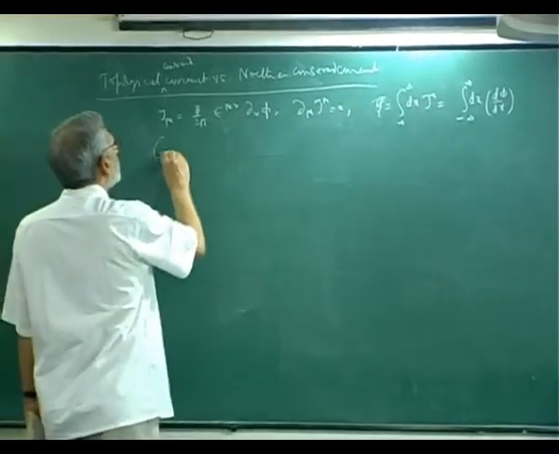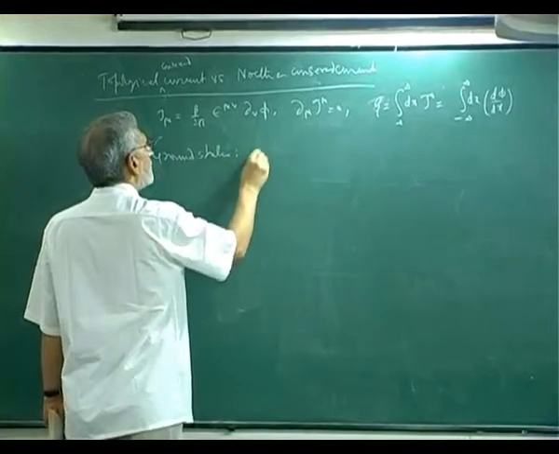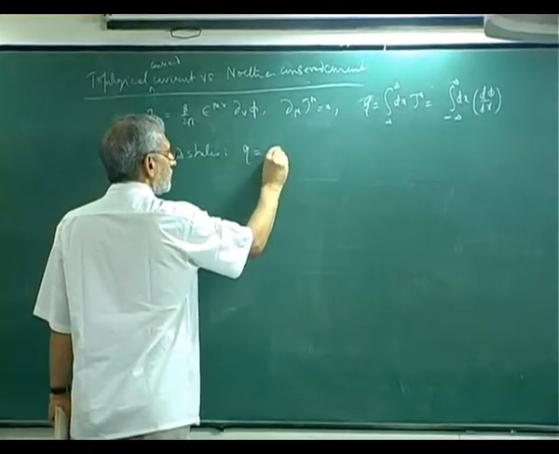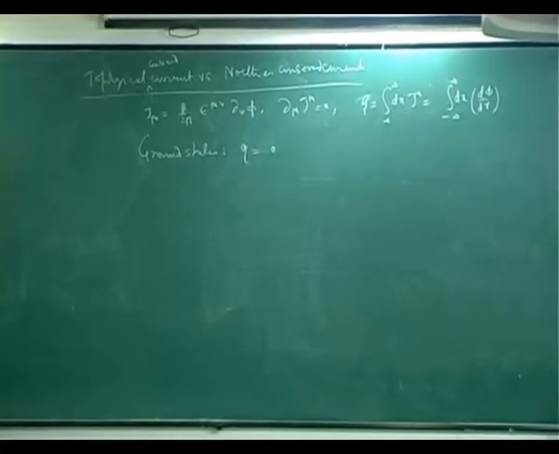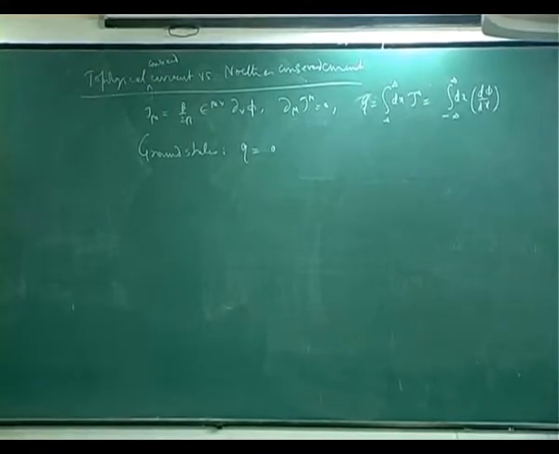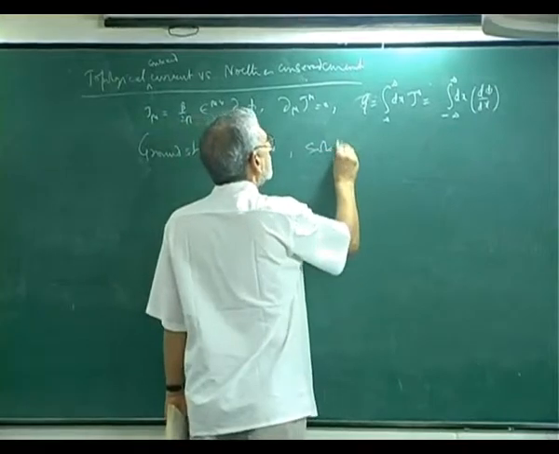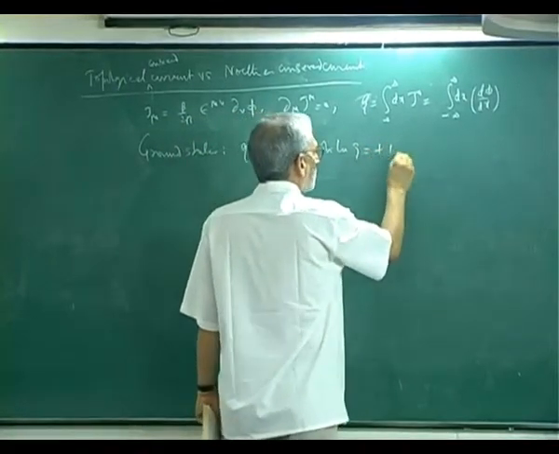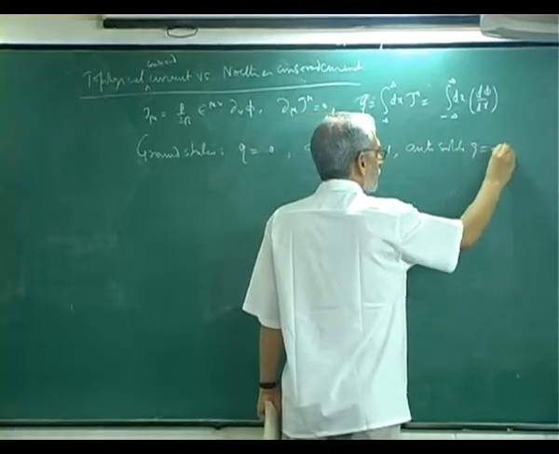For ground states, this charge Q is 0 because phi is 0 or 2 pi everywhere. For solitons, Q is +1. For anti-solitons, Q is -1.